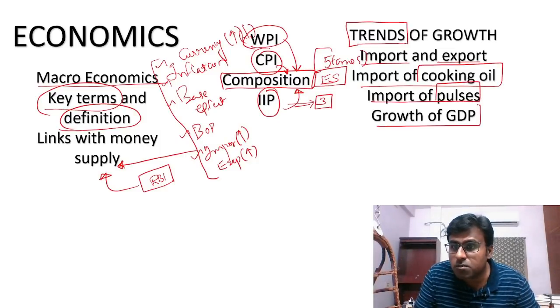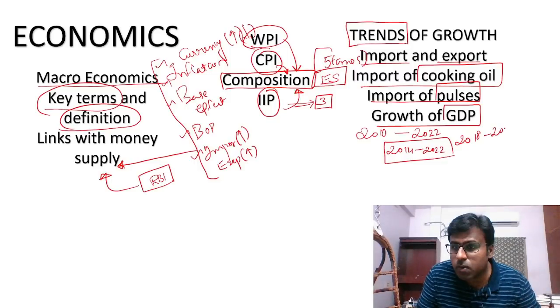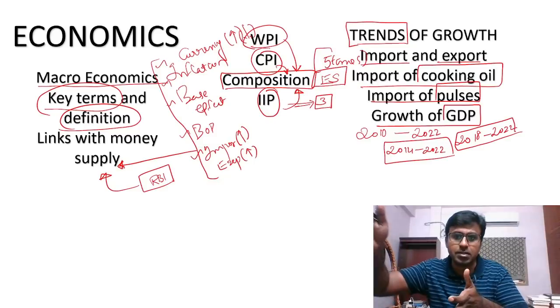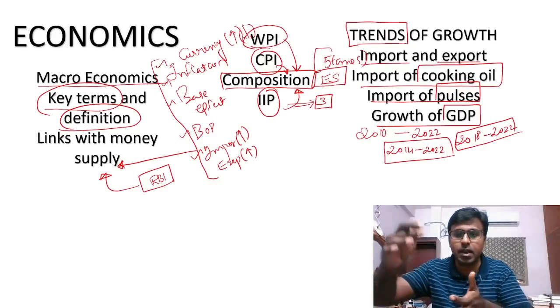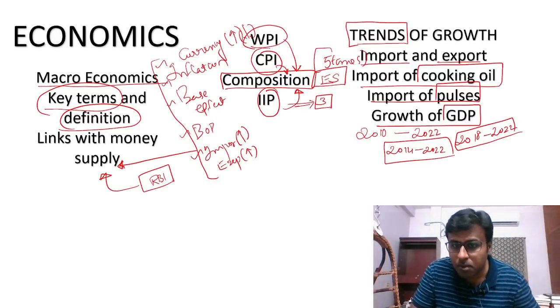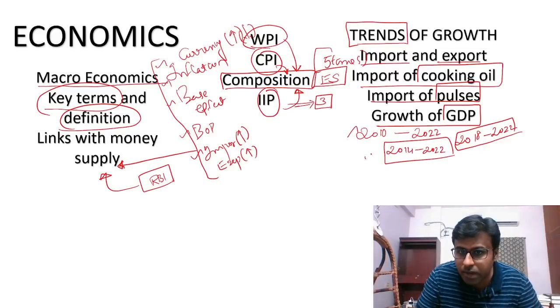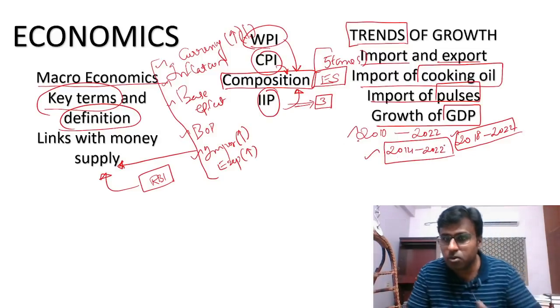And growth of GDP, what is the trend from 2014 to 2022, or 2018 to 2022. In the trend வந்து பாருங்க, அதாவது GDP how it has increased or decreased or where it has gone. In the trend, in the 3 data என்னன்னு பாருங்க. இந்த 3 data 2010 to 2020, 14 to 22.